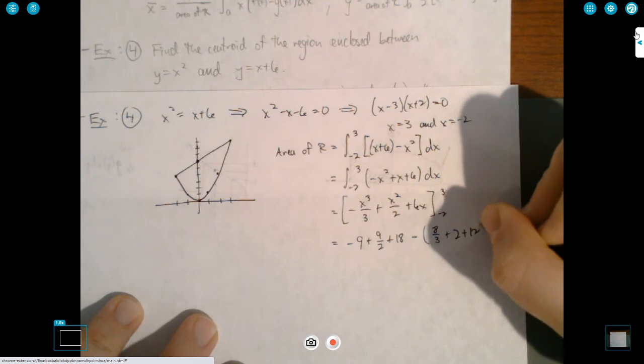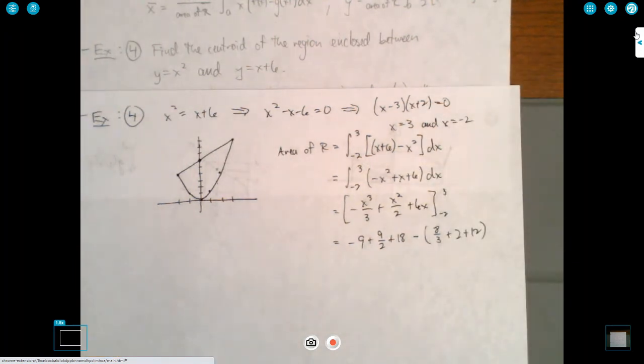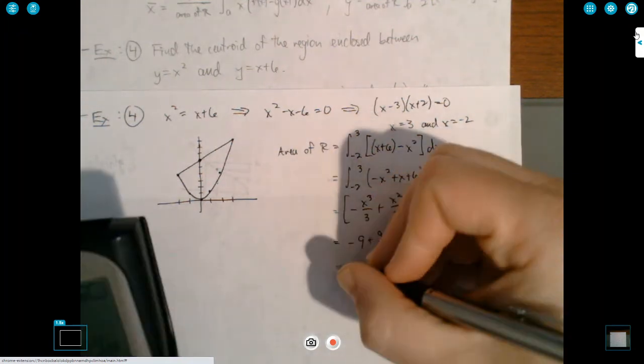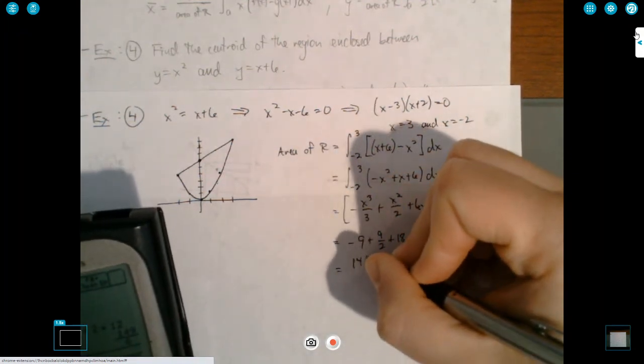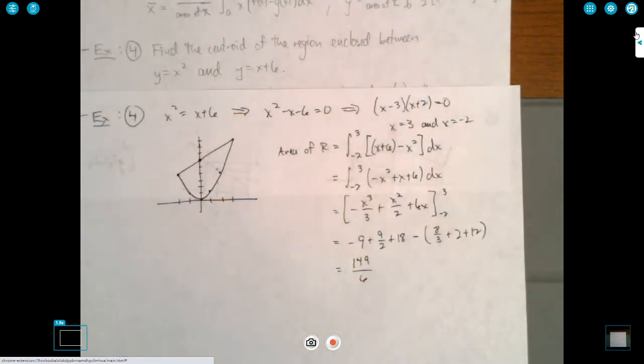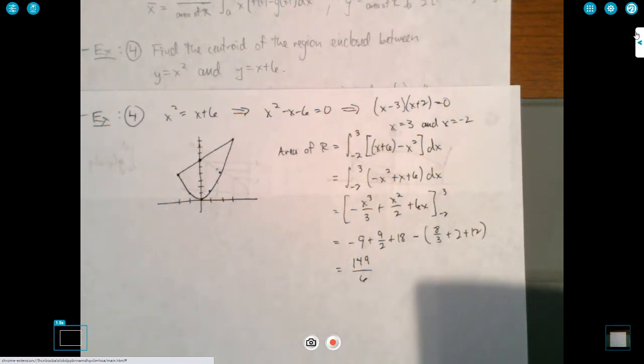And then 12. Now I'll use my calculator. Negative 9 plus 9 halves plus 18 minus 8 thirds plus 2 plus 12. Oh, goodness. 149 over 6? You've got to be kidding. Well, there you go. We're going to have to carry this along with us through all the remainder of the problems. That's not going to be very fun.